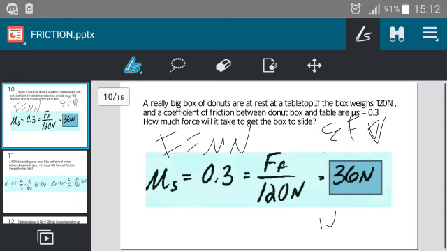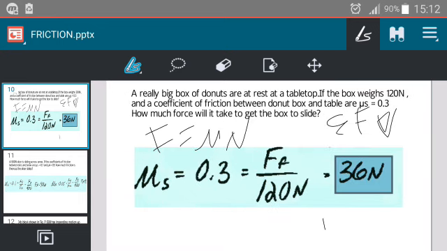So, N is equal to W. So, force is equal to 0.3 times 120 Newtons is equal to 36 Newtons.